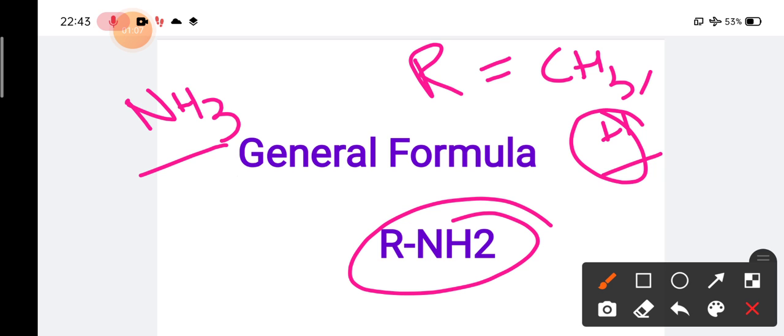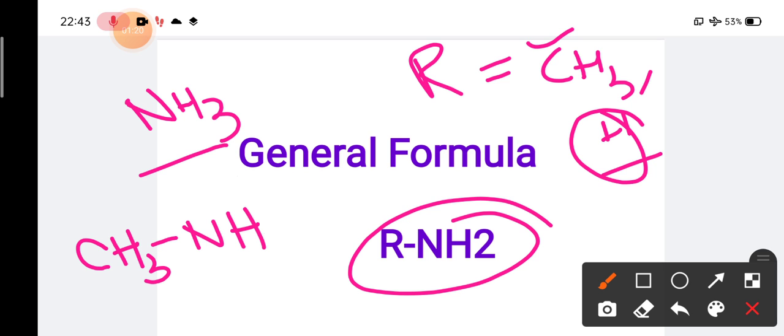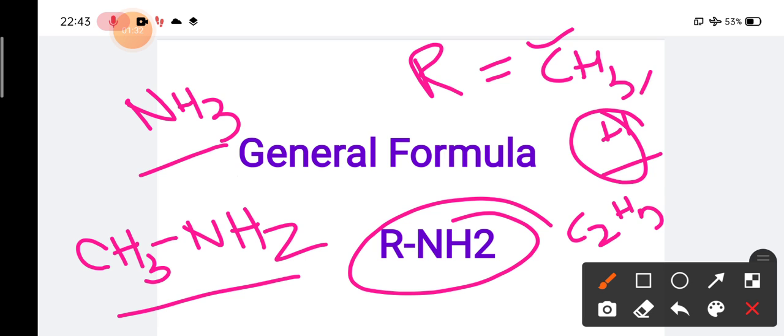And if this R is CH3, then what will be the chemical formula of that compound? The chemical formula will be CH3NH2, and this will be called methylamine. And if the R is C2H5, that is ethyl, then it will be C2H5NH2, that is CH3CH2NH2, called ethylamine.